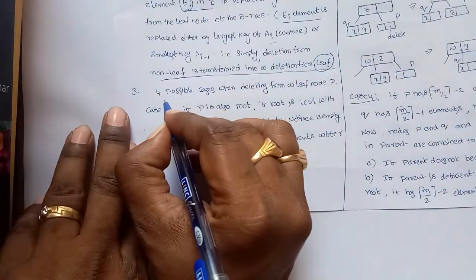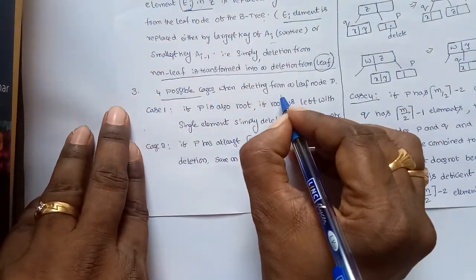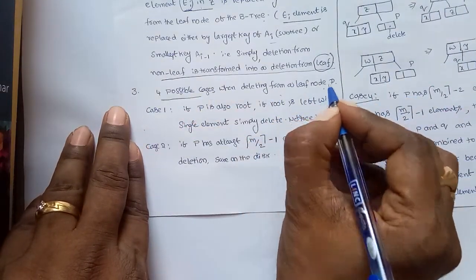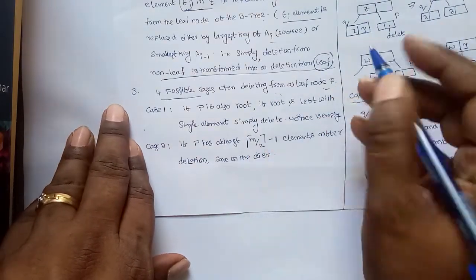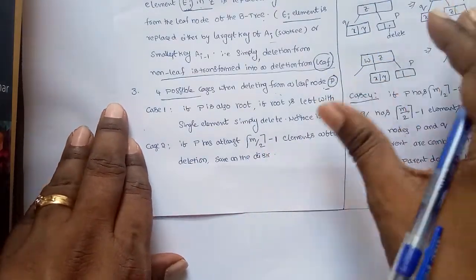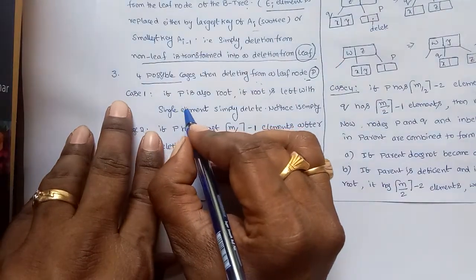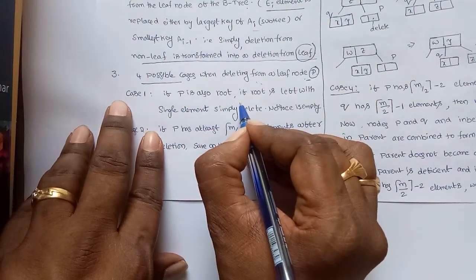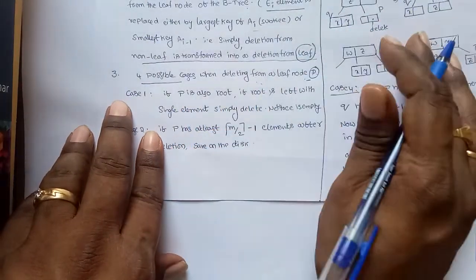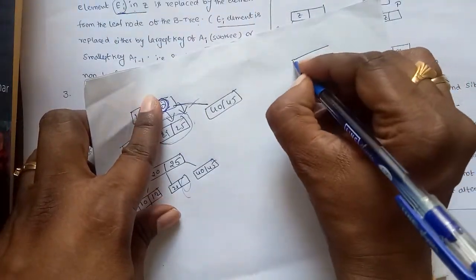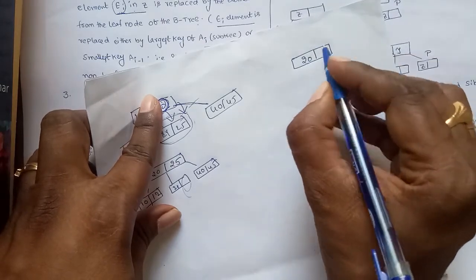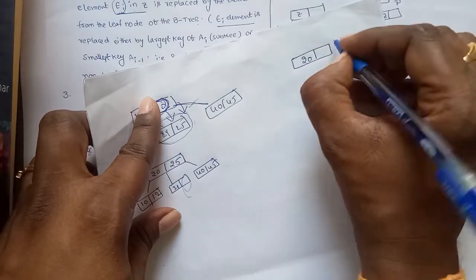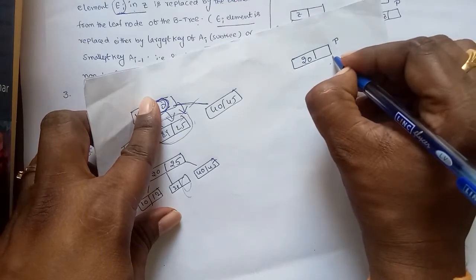There are 4 possible cases when deleting an element from a leaf node. Suppose the leaf node is P. First, if P is also a root and the root is left with a single element, this is a B-tree containing only a single element, and it is the leaf node and the root node at the same time.